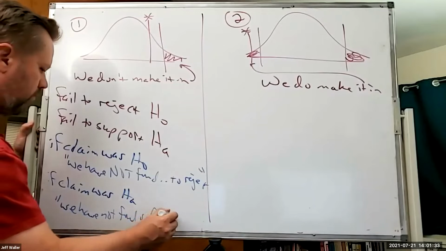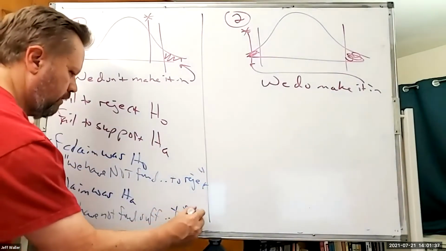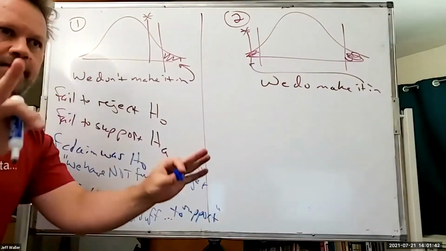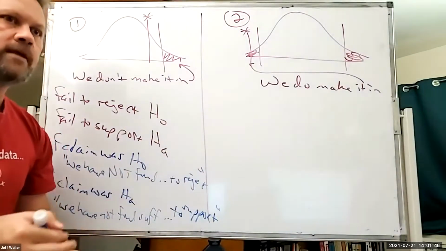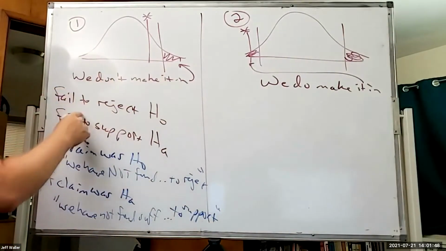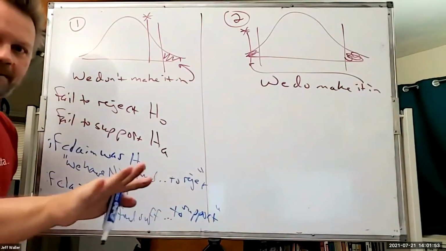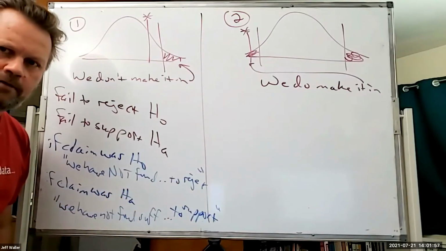To support, yes, because that's the language that goes with HA. There are not so many choices that you go insane. If I don't get there, I failed. Which one do I pick? Well, which one was the claim? Bam. Does that make sense?